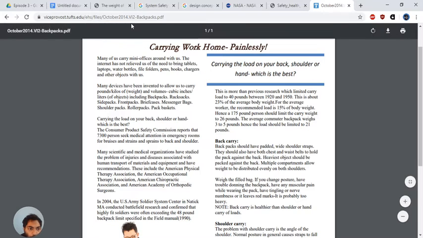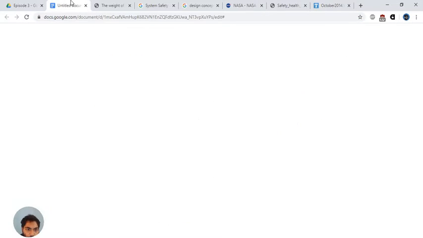So the top says you should carry 15% of the body weight, right?